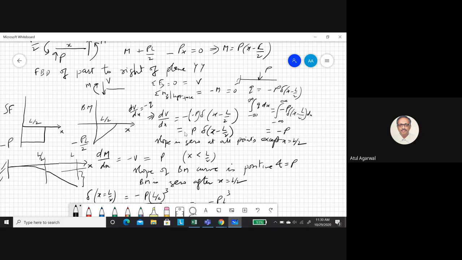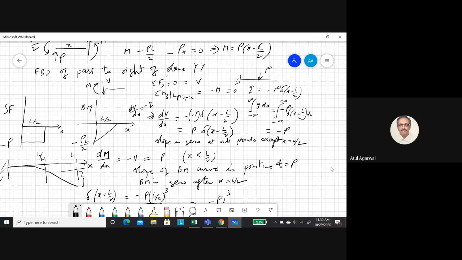So your dV by dx is this. Dirac delta function is 0 at all points except x equal to L by 2. So slope of this shear force diagram is 0 everywhere except at x equal to L by 2, where it is like infinity. So Dirac delta function has infinite value at x equal to L by 2.